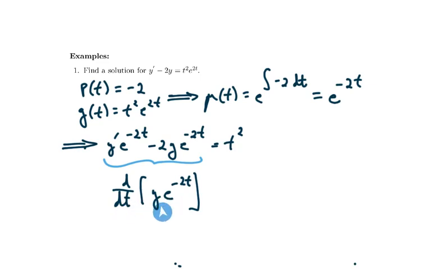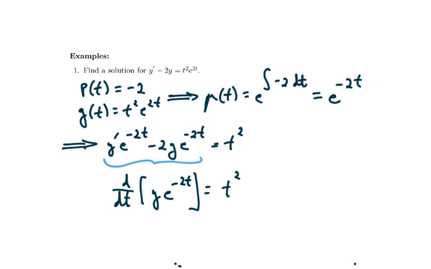So let's make sure that it actually holds. The derivative of this is going to give us y prime times the exponential, which is our first term, plus y times the derivative of this exponential, which is -2e to the -2t. And so this is true, and this is equal to t squared.